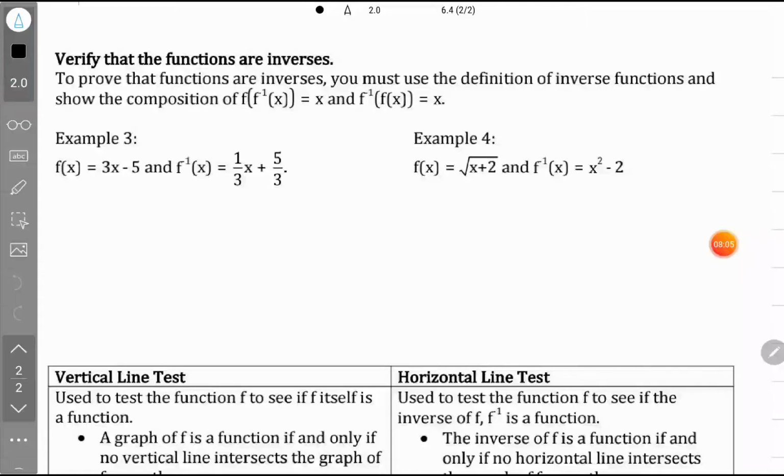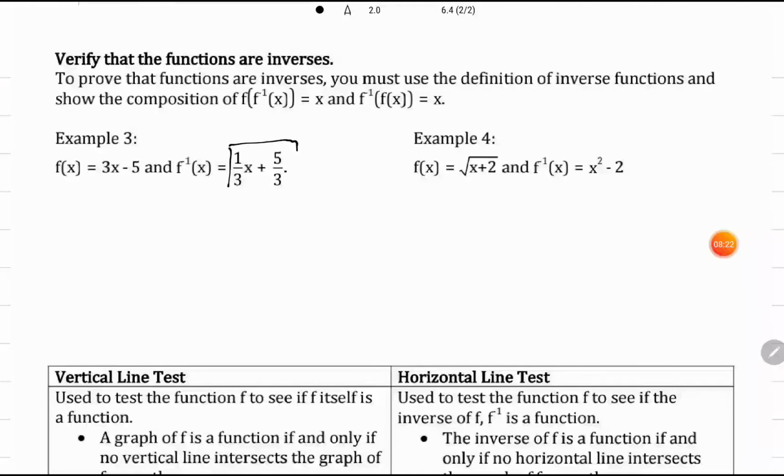Let's prove that functions are inverses of each other. In order to do that, we just do f of g of x. In this case, it's f of f inverse of x, and we should get x. Remember, we do the inside function first. Since we're not plugging anything in, we're just plugging in x. I'm going to plug this into that. That is my f of f inverse of x.